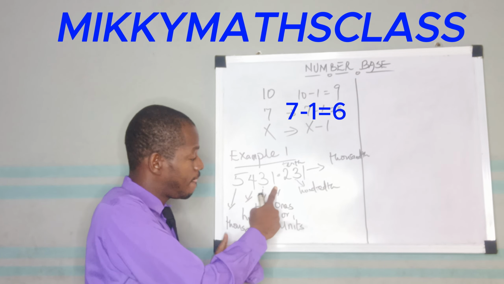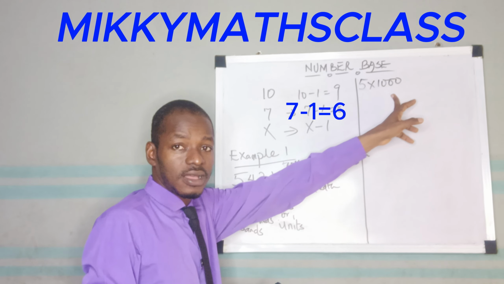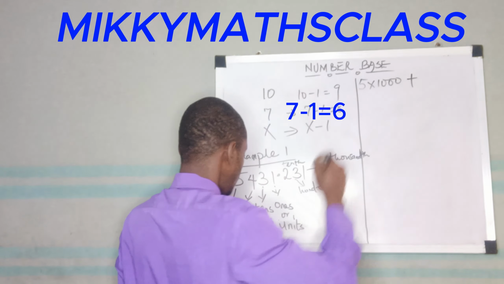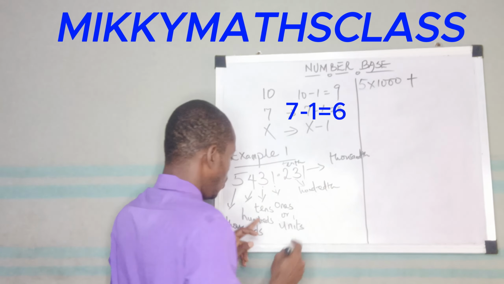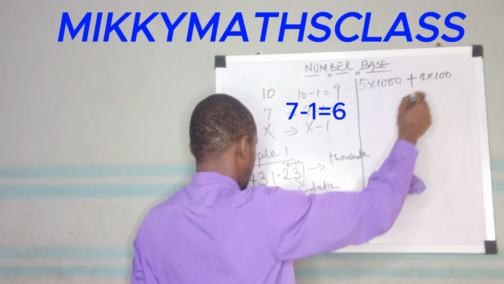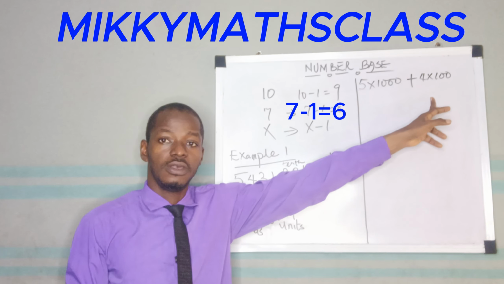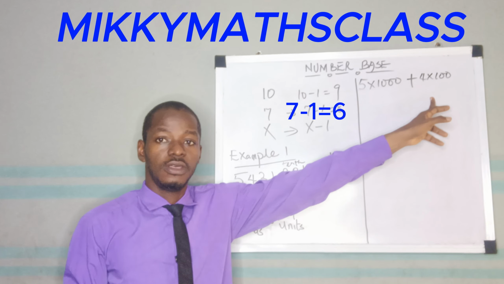Now, having known the place value, if you want to write it in expanded form, 1,000 has 3 zeros. That means 5 times 1,000. Plus 100 has 2 zeros, so this is 4 times 100.